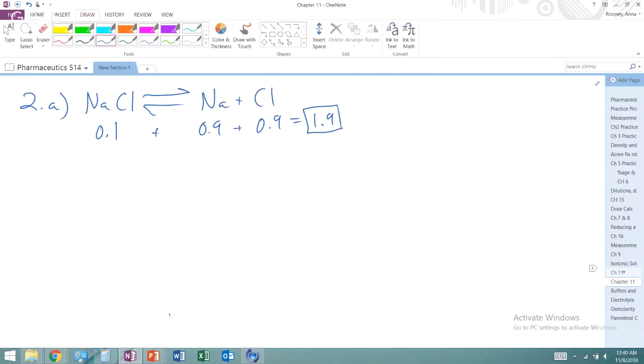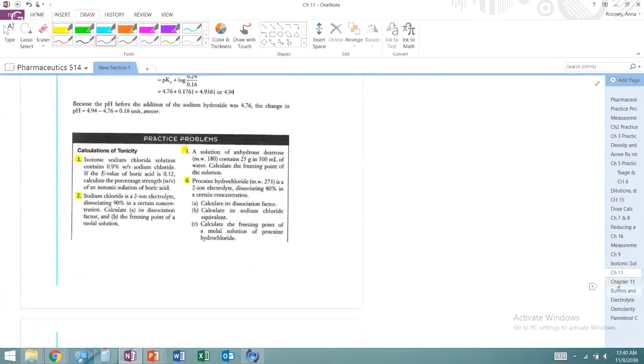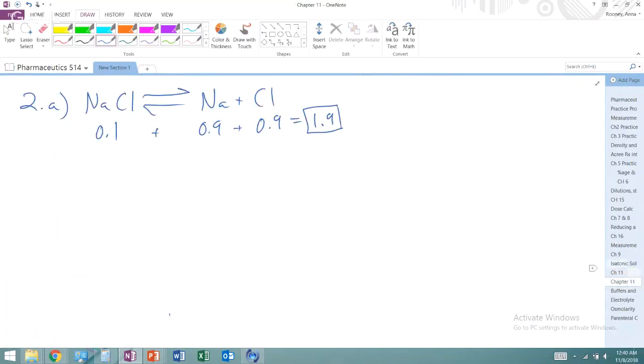And then for B, the freezing point of a molal solution. The freezing point change is equal to the freezing point constant times molality.